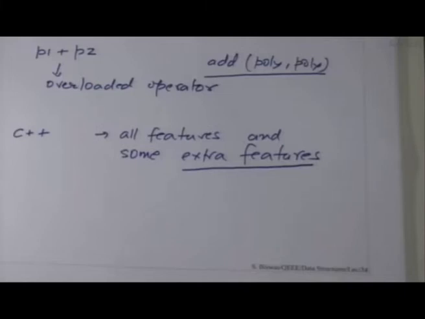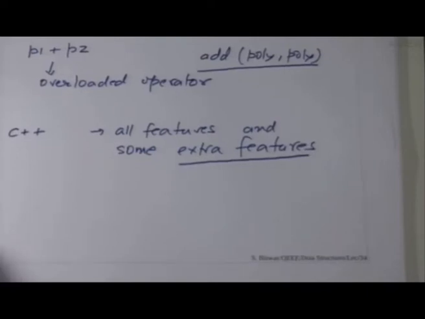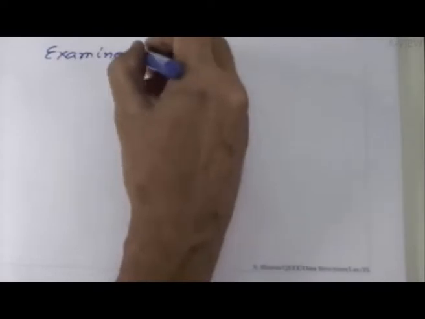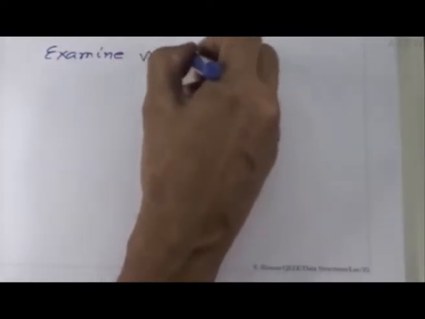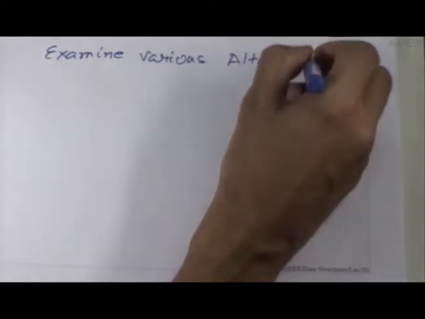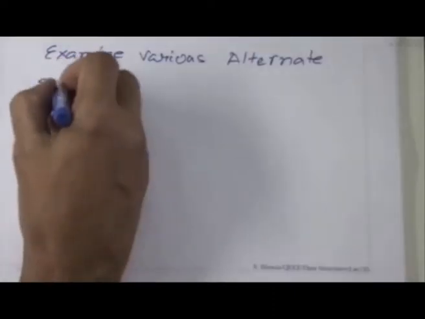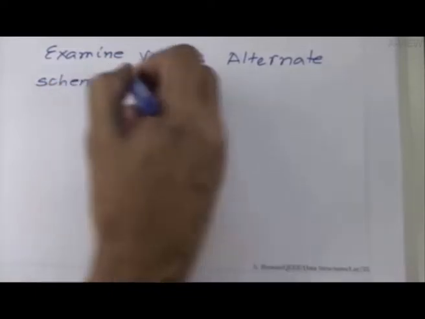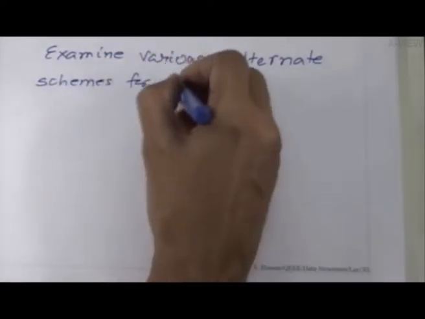Let me move away and try to give you a feel of what I am going to do today by first picking up, I'll initiate from here and then I'll go back to my slides. The first thing that you would like to do is examine various alternate schemes, or if you want to call it designs, for choosing a data structure.